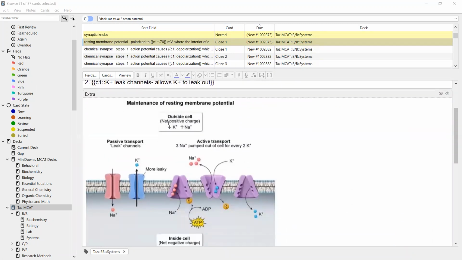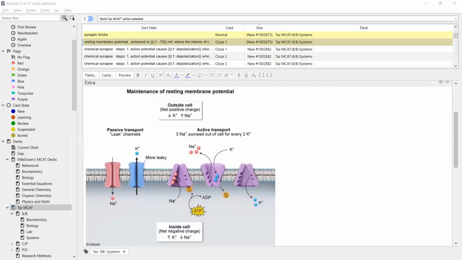Because there are some transport proteins that are maintaining that by shuttling positively charged sodium ions and positively charged potassium ions. So what's happening here is we have some leak channels, which are passive transport, which leak.